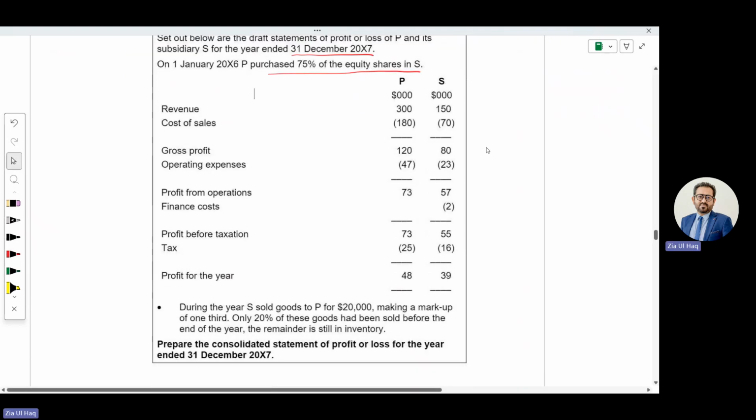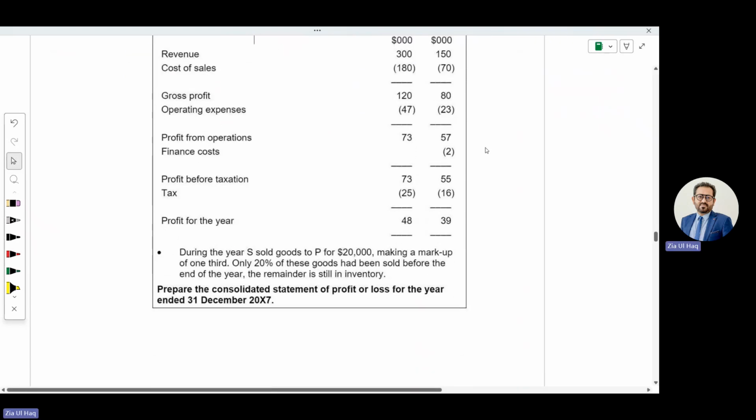During the year, S sold goods to P for 20,000, making a markup of 1/3 on cost. Only 20% of these goods have been sold before the year end. Can you calculate the profit figure for me?